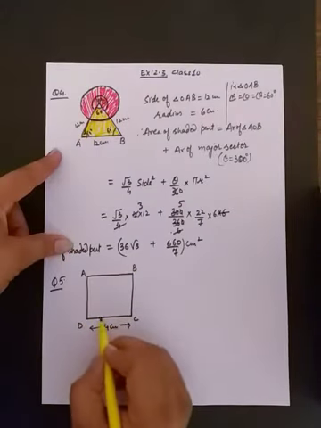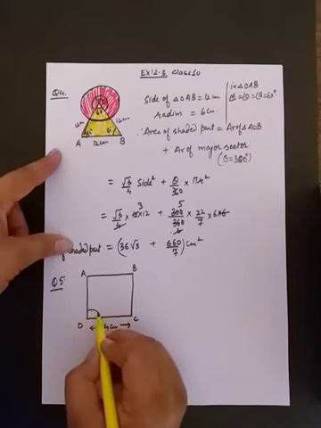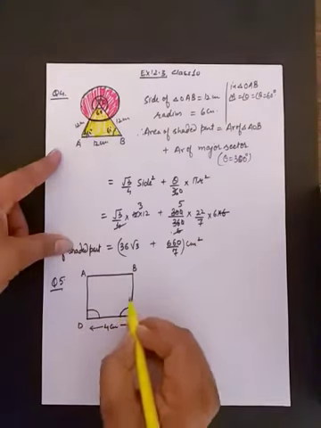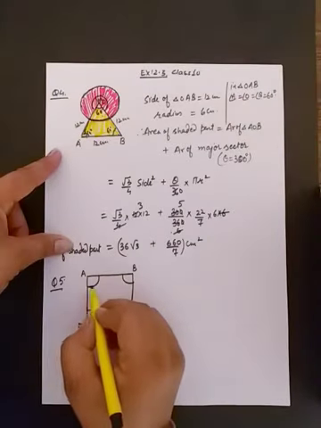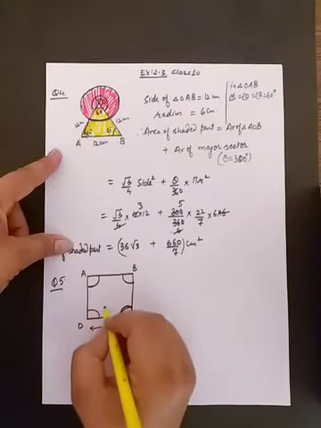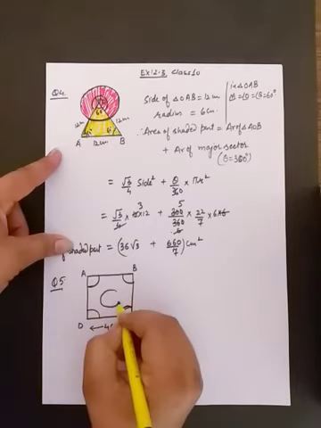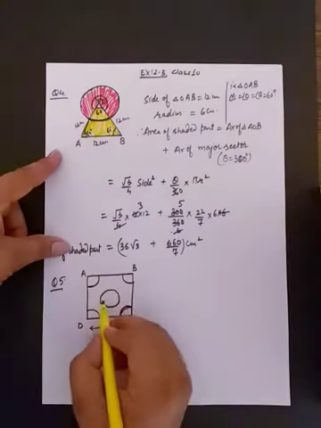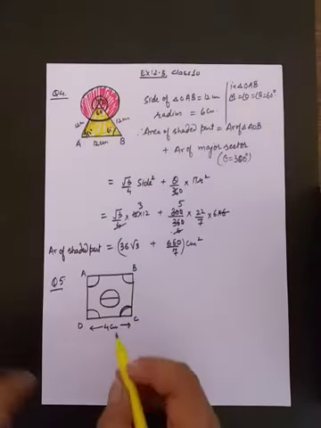Now 4 quadrants of 1 centimeter are removed from each corner like this. And from the center a circle with diameter 2 centimeter is removed. This one circle. So if its diameter is 2 centimeter, then its radius will be 1 centimeter.